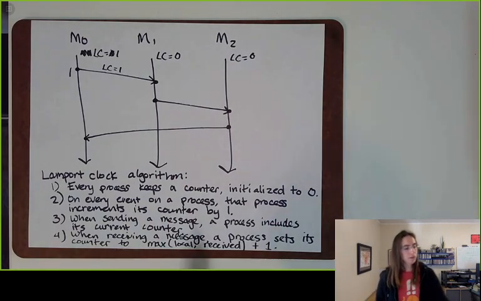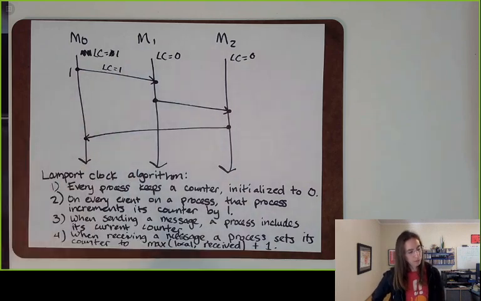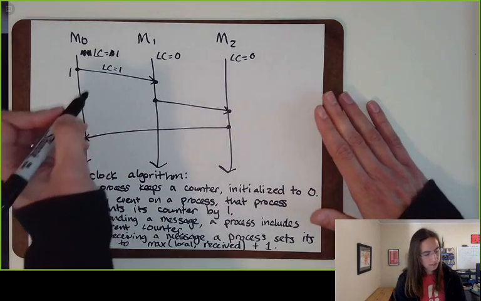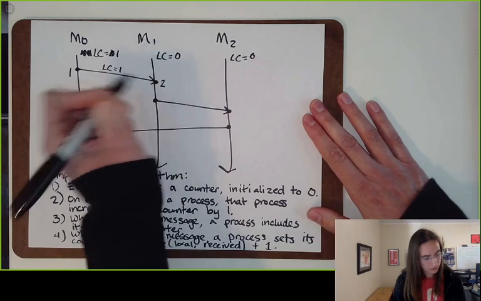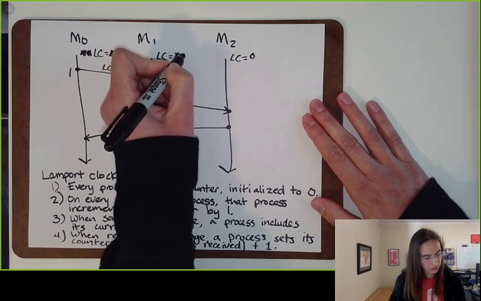So it's going to compare the two and pick the one that's bigger. That's this max part down here. So we're taking the maximum of our local Lamport clock, which was 0, and the received one, which was 1. So the bigger one was 1, and then we're going to add 1 to that. So the Lamport clock value now becomes 2 for this event, and it's going to update its local clock to that.